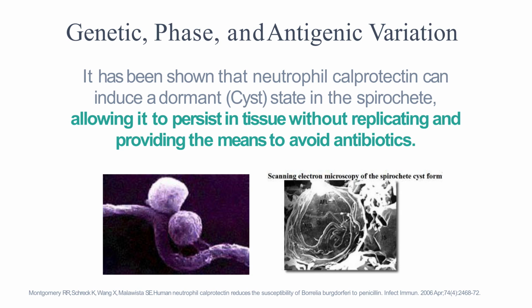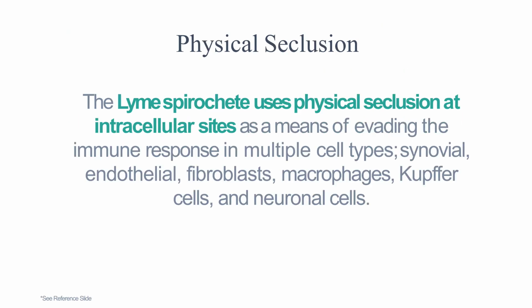So this is going back to the beginning of the slides where the transformation, the spirochete has the ability to transform into the cyst to seclude itself through using these genetic phase and antigenic variations. So that physical seclusion is all about moving into exactly that response.